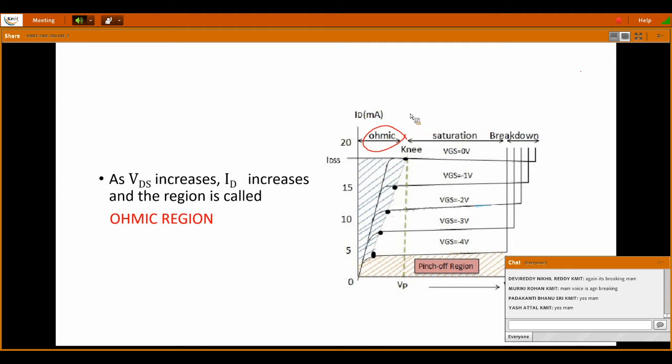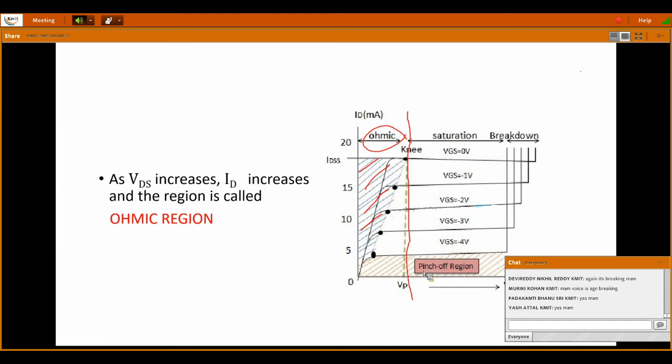So the drain characteristics of a JFET is divided into 3 parts. The first part we are seeing on the graph now. This blue shaded region is nothing but the ohmic region. Ohmic region is defined as the region where VDS is increasing, so ID is increasing.